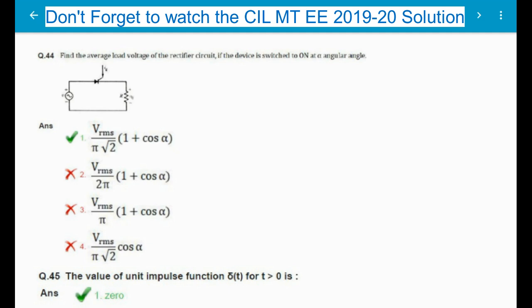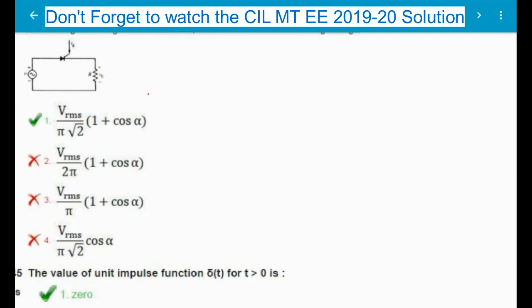This is a single phase half wave controlled rectifier with R load. Simple. The average load voltage formula is V0 equal to Vm by 2π into (1 plus cos alpha).